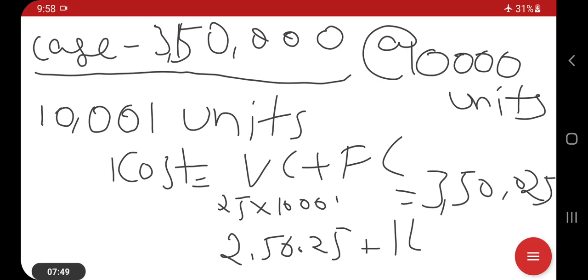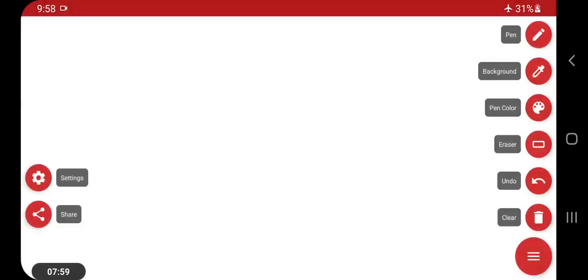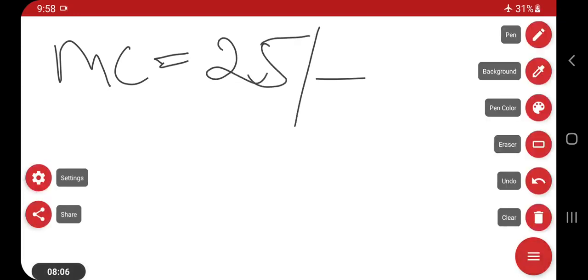So here the marginal cost is, here 3,50,000, here it is 3,50,025. So that particular marginal cost in the above example is 25 rupees.